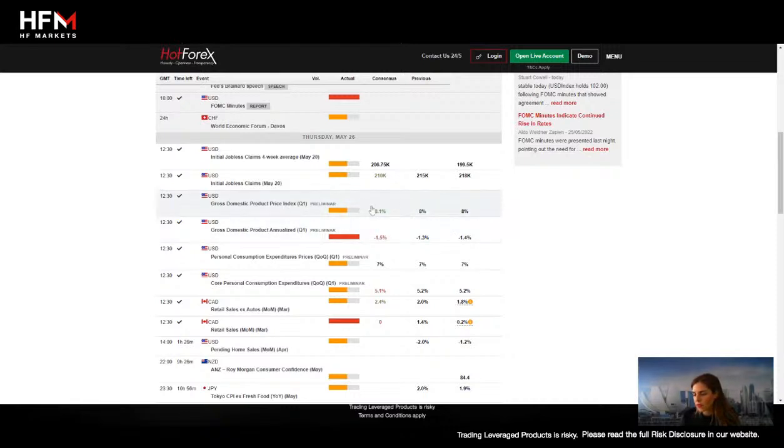GDP growth, that's the preliminary number anyway. We need to wait and see at 8.1% for the first quarter. The annualized one dropped to 1.5%. Preliminary PCE 7% and core at 5.1.